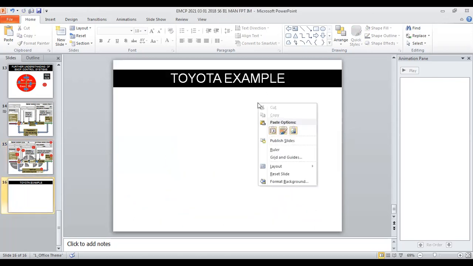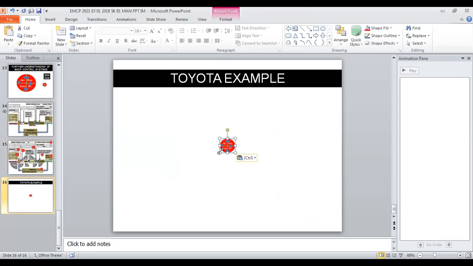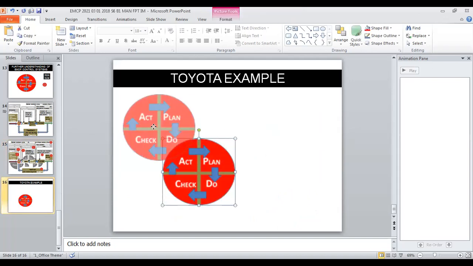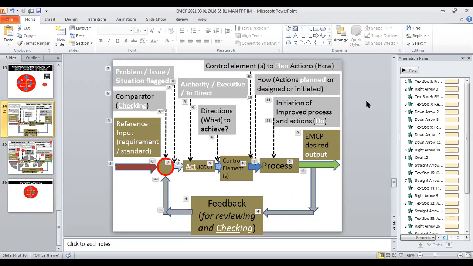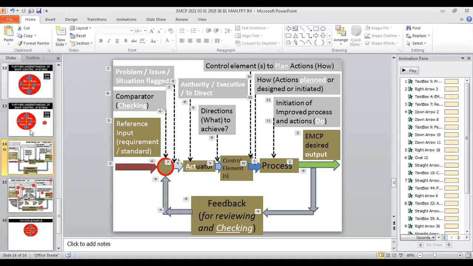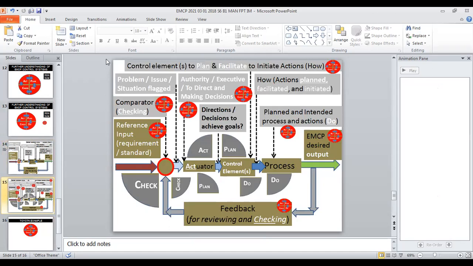Even in the Toyota example you may have PDCA. It depends how well you set this up. Even in your studies, you may see PDCA. So this checking is very important. This is very nice.